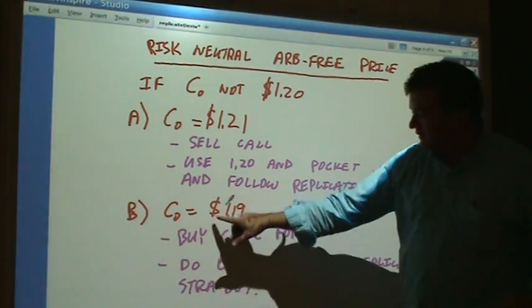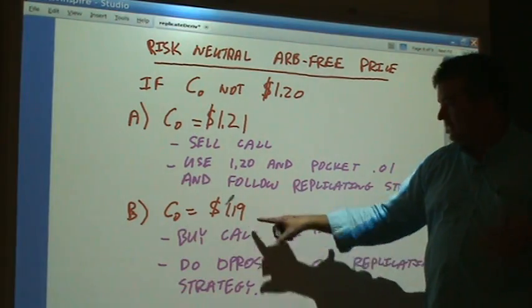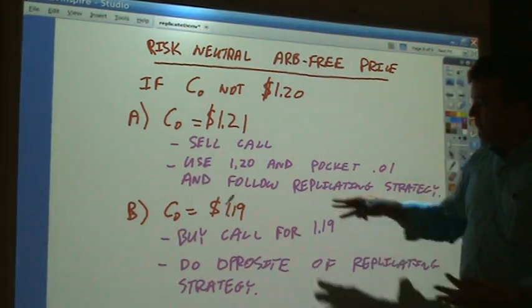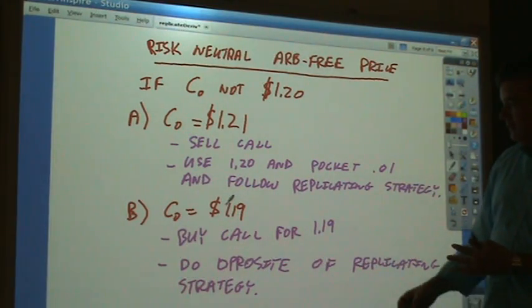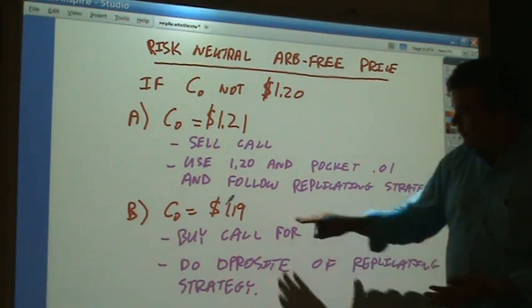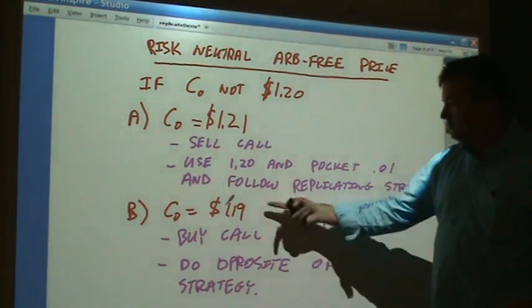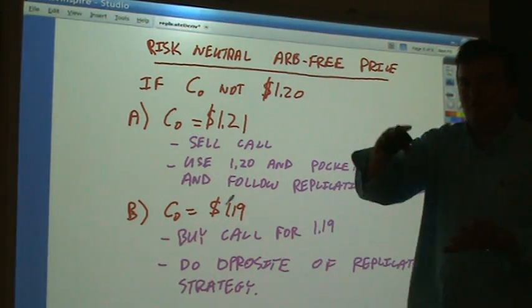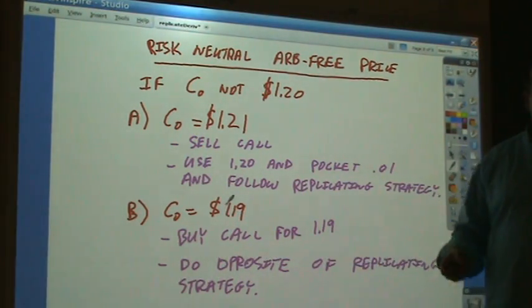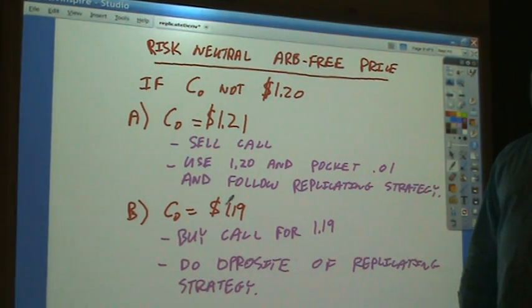So if there was a moment in time where they were selling for $1.19, these people who want to make the penny times a million will jump in and buy that, and then their buy orders would drive the price back up to $1.20. So in other words, if it ever flickered to $1.21 or $1.19, it would almost immediately flicker back to $1.20. So the price of the option, in this case, would be $1.20.